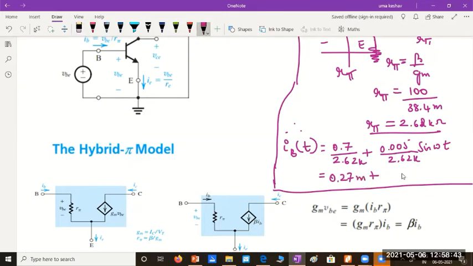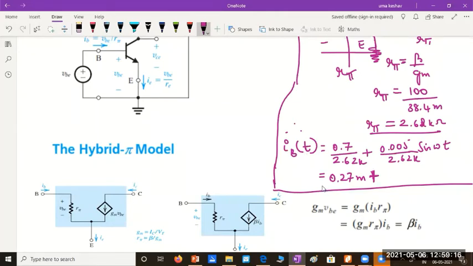And this one? The second term? Please tell me the answer. Micro.